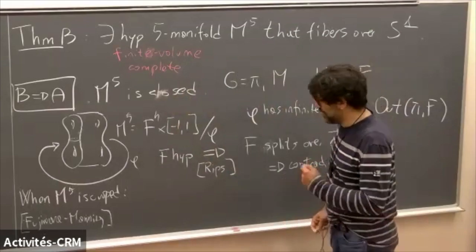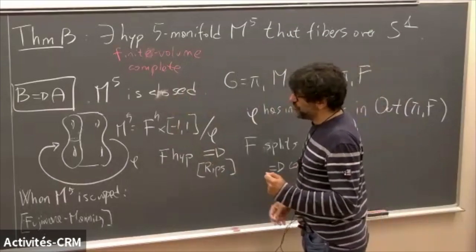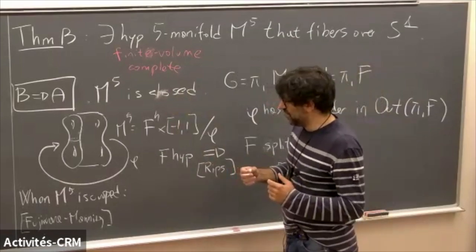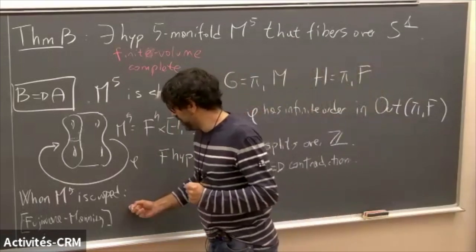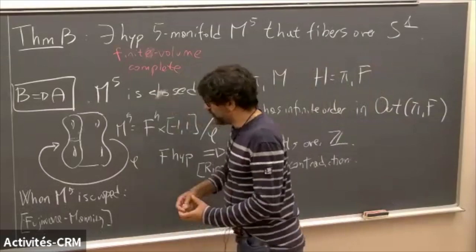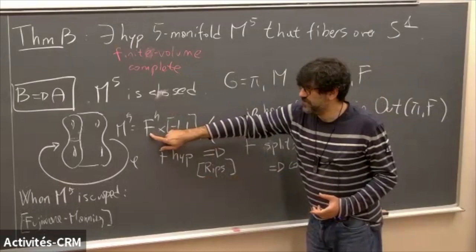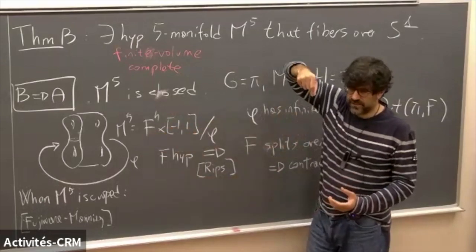So in higher dimension, what do you do? In higher dimension, you can do different kinds of Dehn fillings, but the Dehn filling that we want to do here is that we want to quotient every boundary component of the fiber to a point.